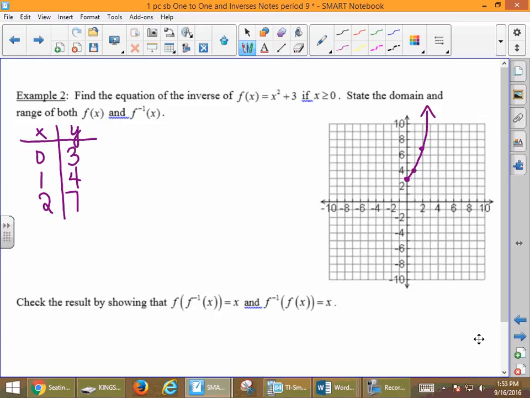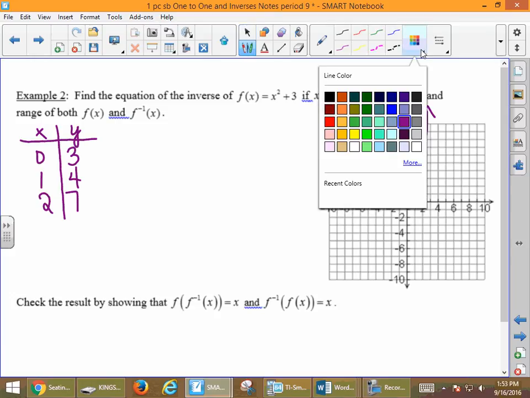And we do need to figure out what is the equation of the inverse. But we can revisit this topic that we did yesterday, which is, well, what is the basic relationship of inverse?